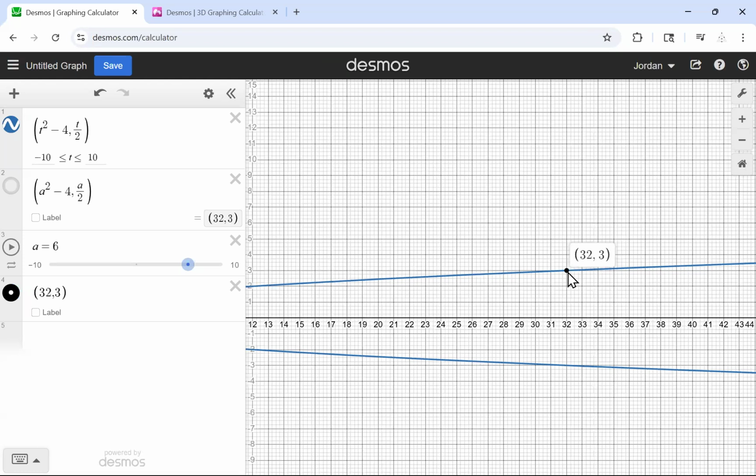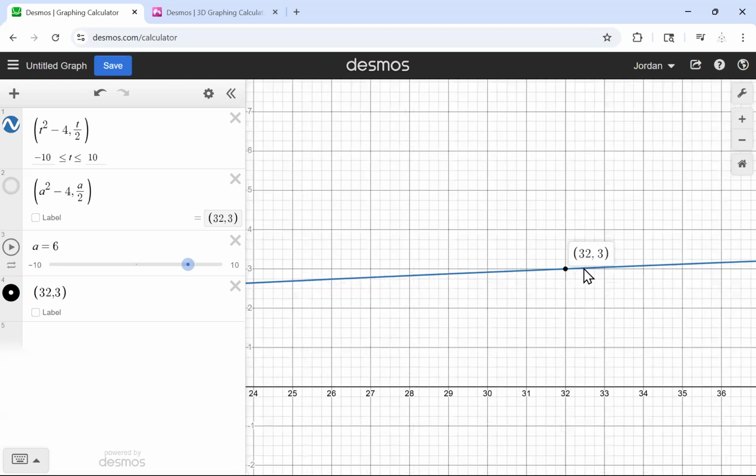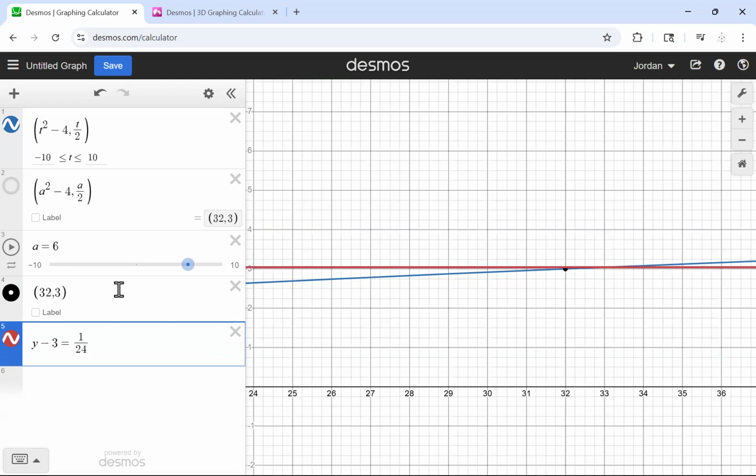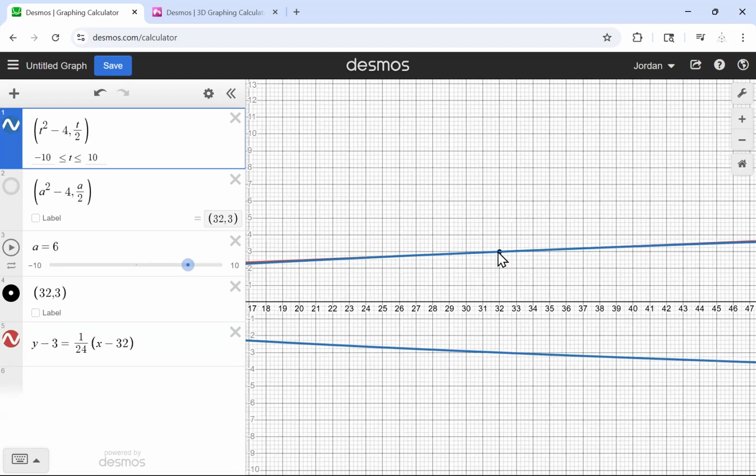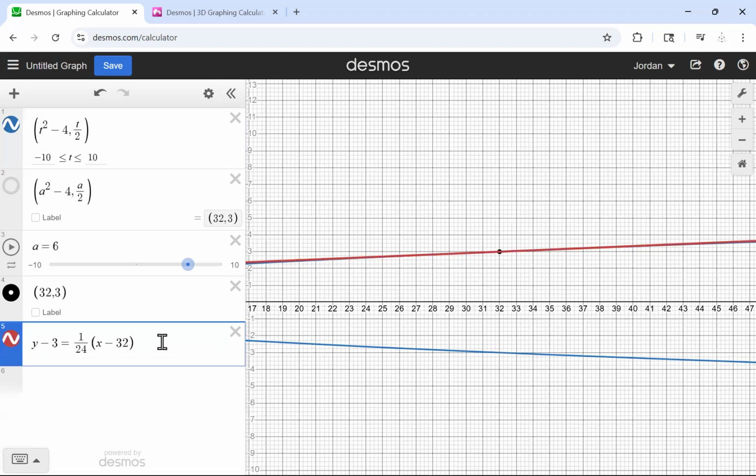If you zoom in to that, what we're saying is that the slope of the tangent line at this particular point should be 1 over 24. That would give me y minus 3 equals 1 over 24 times x minus 32 as the actual tangent line. And notice that that tangent line does look like it's going in the correct direction.